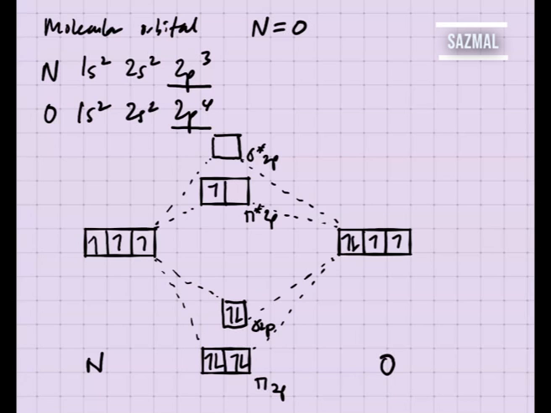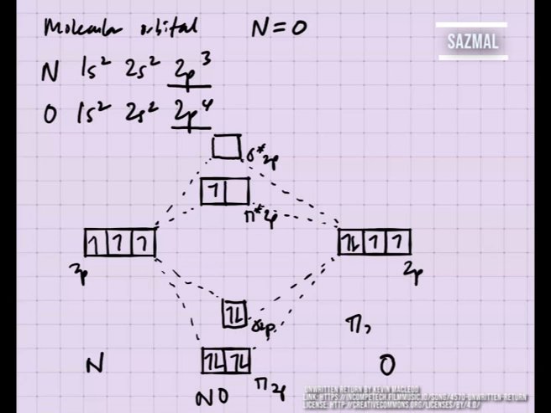So this will be the illustration of the molecular orbital diagram for nitrogen monoxide. The electronic configuration for nitrogen monoxide can be written as pi 2p4, sigma 2p2 and pi star 2p1.